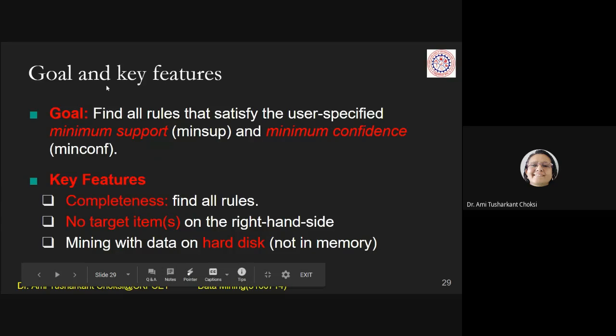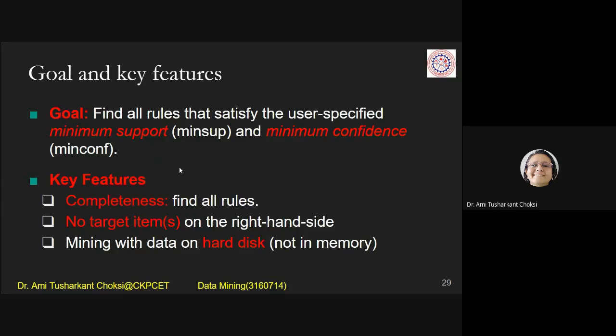Now, what is the goal and what are the key features? Let us check that. Find all rules that satisfy the user specified minimum support and minimum confidence.